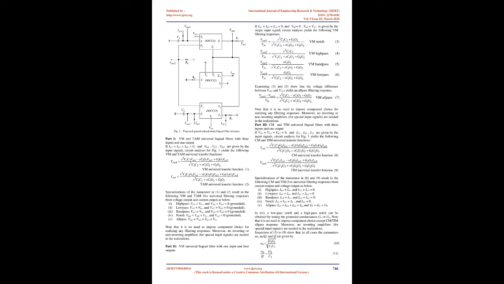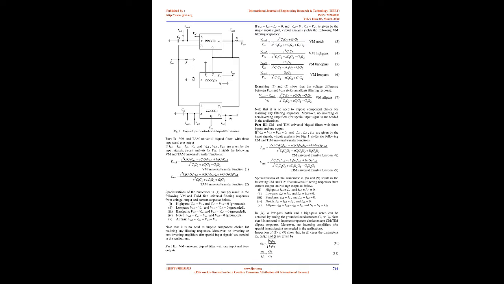In this paper, the proposed circuit uses only 3 single-output DDCCs, 2 grounded capacitors, 3 grounded resistors, and 1 floating resistor, which can realize general mixed mode, including VM, CM, TIM, and TAM, all 5 universal filtering responses, lowpass, LP, highpass, HP, bandpass, BP, notch, NH, and allpass, AP, from the same topology.